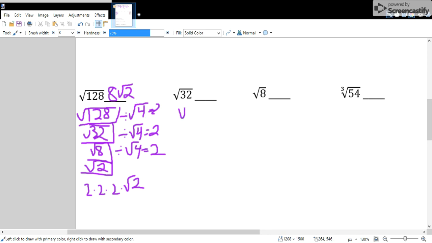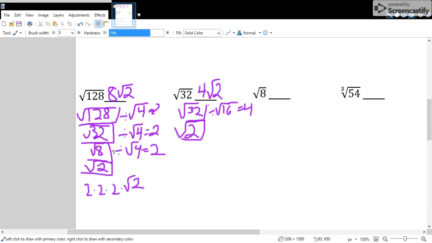Let's look at the square root of 32. Well, just like this previous example, we could divide by the square root of 4. We could also divide by the square root of 16, since 4 times 4 is 16. So our answer would be 4 radical 2.